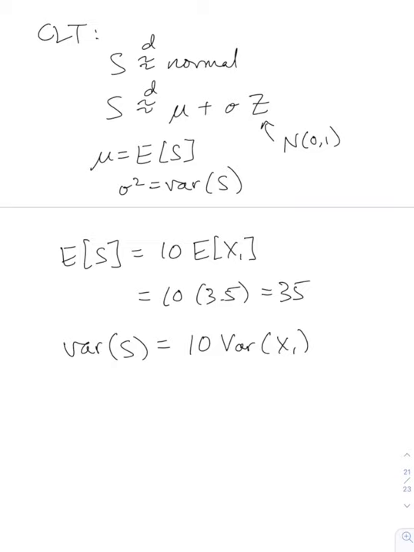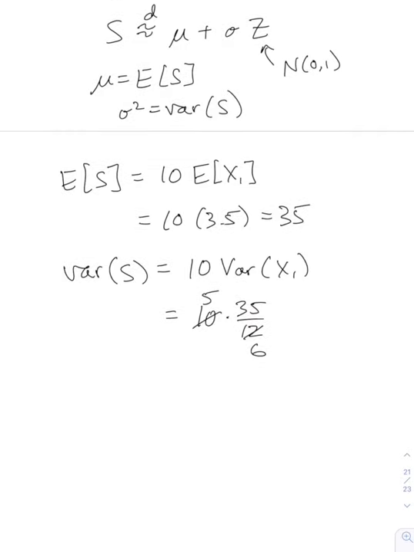And we have to go back and look. We calculated what the variance is in one of the examples a while ago. If you go back and look that up, you get 35 twelfths. Okay, so then what's that? 350 over 12, which is 175 over 6.